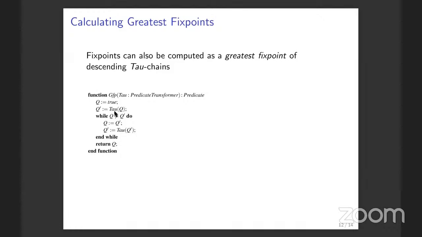which will be a least fixed point of some other tau, but it is sometimes convenient to represent your analysis, the CTL operator, as a limit of a descending chain. And EG of F can indeed be so expressed.